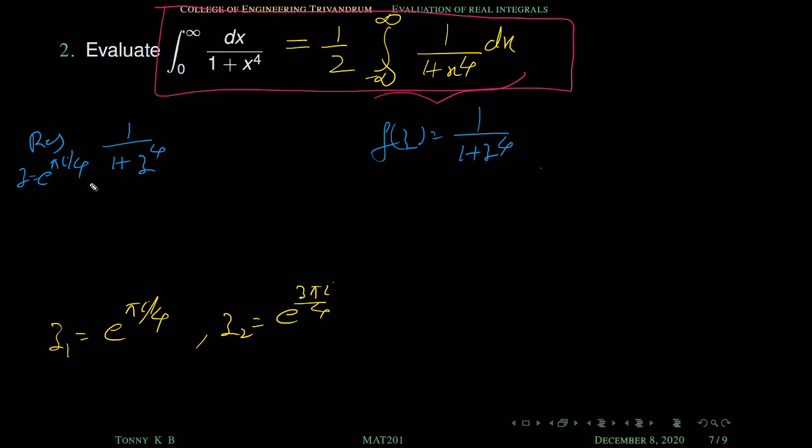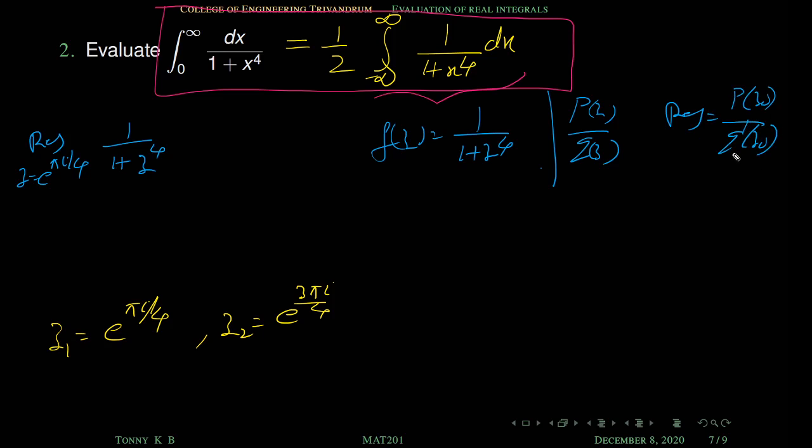Then what is the residue corresponding to e raised to pi i by 4 of our function 1 by 1 plus z raised to 4? It is clear that our function is of the form p of z by q of z, and all the singularities are simple. So by a previous case, we know that its residue is of the form p of z naught by q dash of z naught.